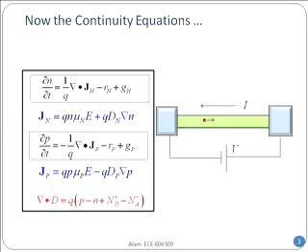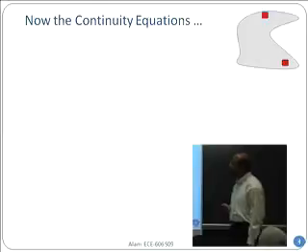But the first and the third equations are conservation equations, valid always, regardless of what detailed physics you put in for Jn and Jp. It's valid always, and let me explain why: because this is simply a conservation law.